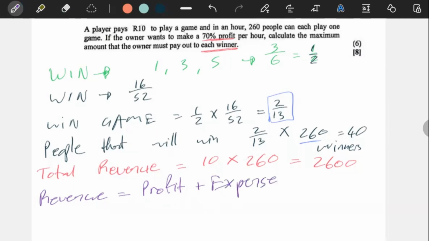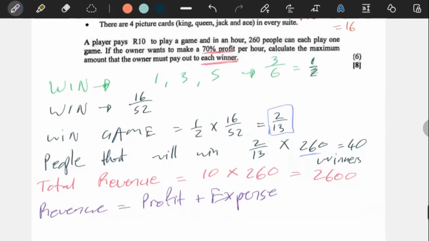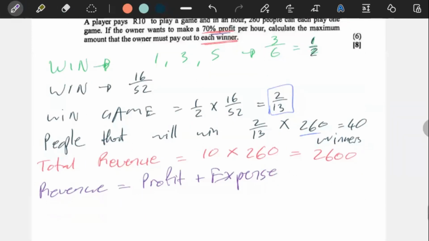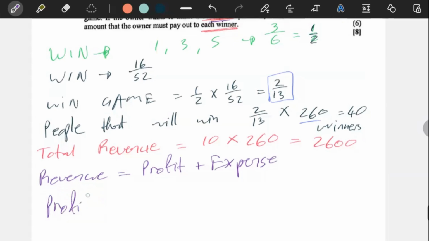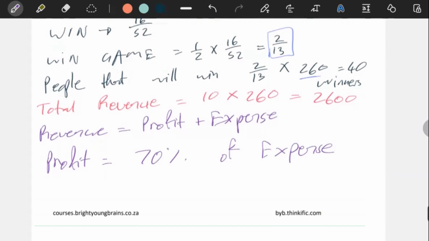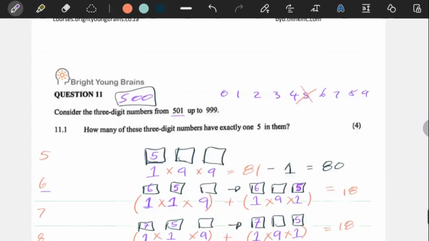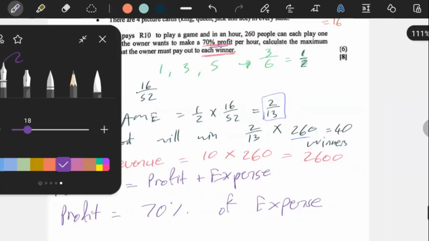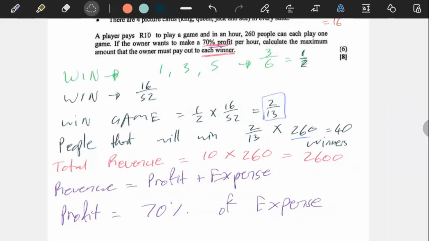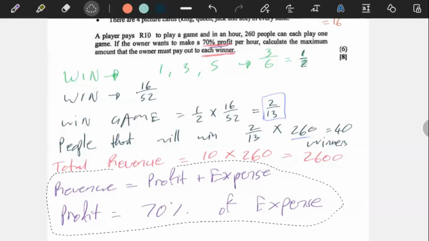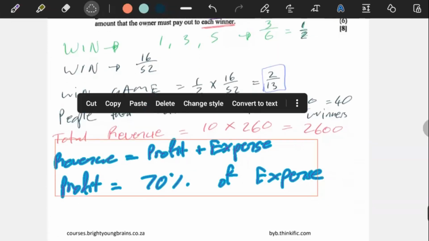So what you want to recognize is they said that the profit, they want it to be 70%. So it means that your profit is equal to 70% of whatever you are spending to make all this happen. So for the sake of a calculation, let's make expense X, right? Let me do this here. I need to save space.